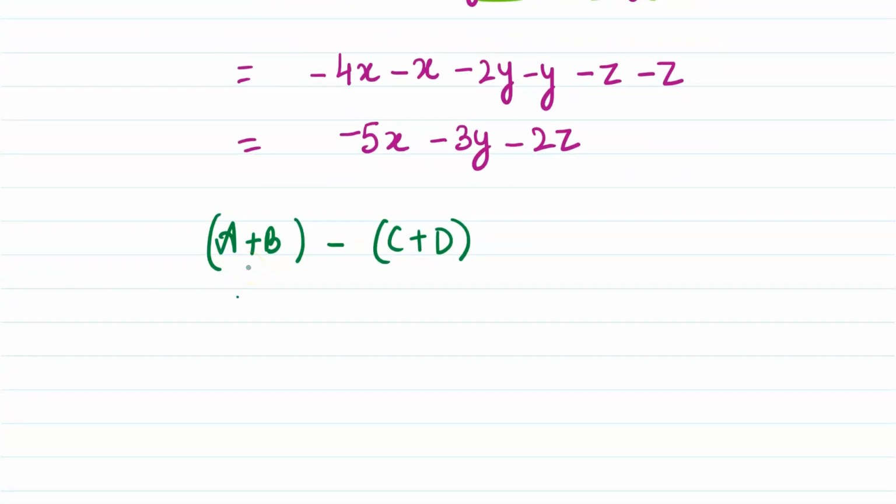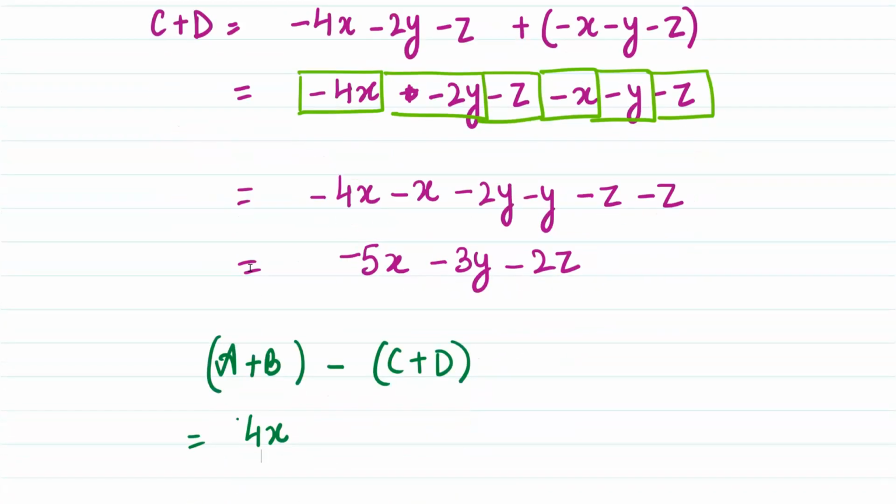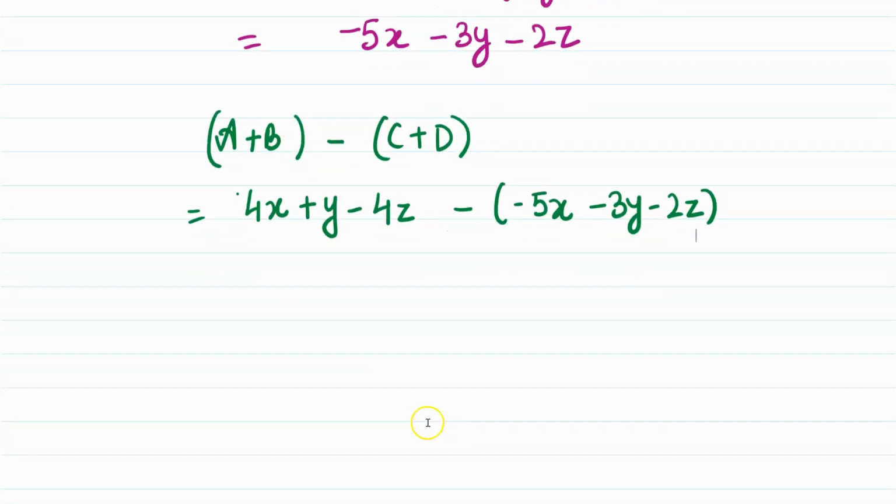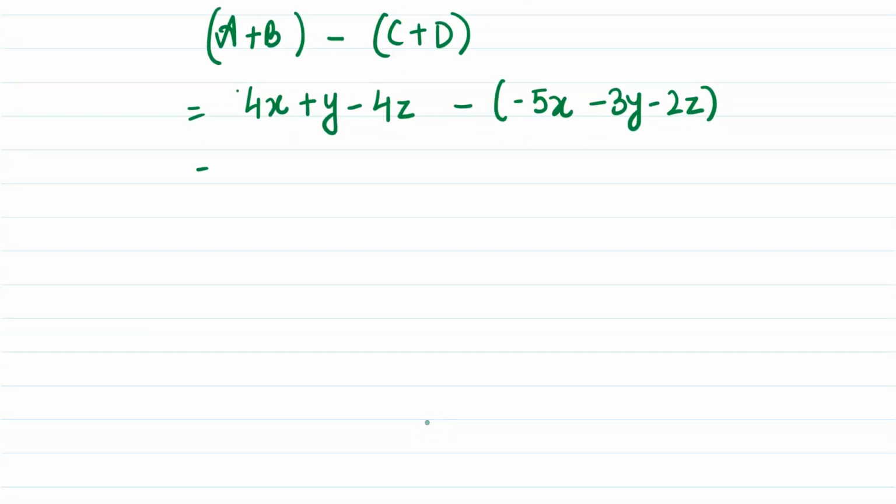It is 4x plus y minus 4z. And we have minus, and then C plus D is minus 5x minus 3y minus 2z. So now whenever we are subtracting and there is a minus sign outside the bracket, the signs will flip.